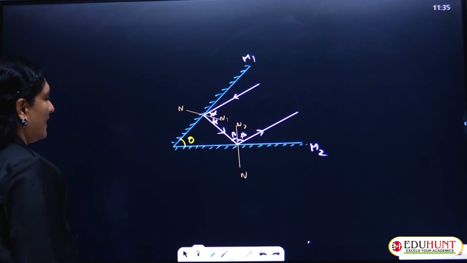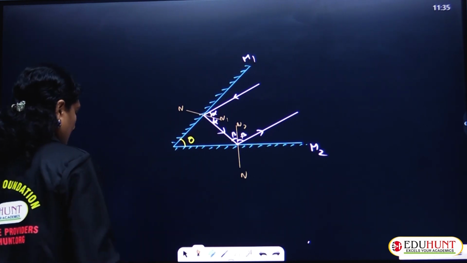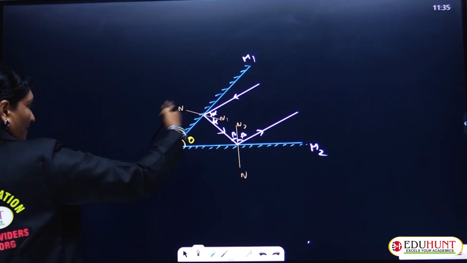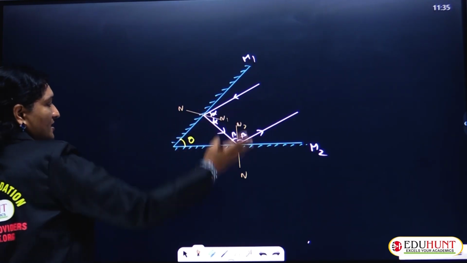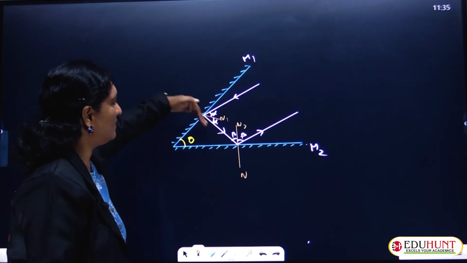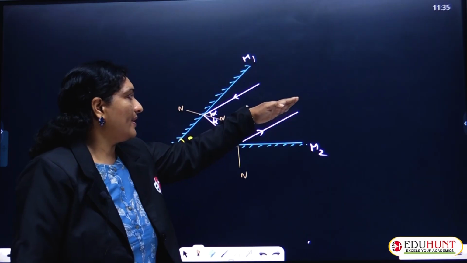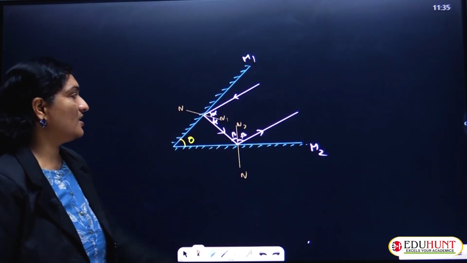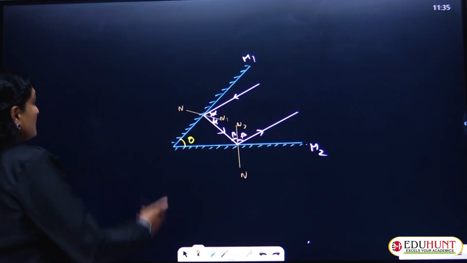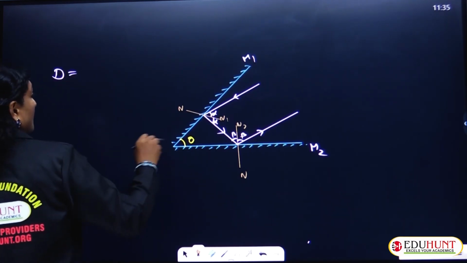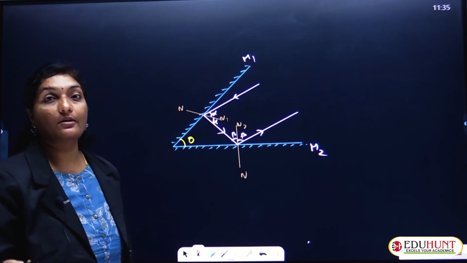So based on that, if you would like to find out the deviation produced by the reflection, some amount of deviation is produced. This was the incident ray going here instead of straight going. It is again reflected back. So how much deviation is observed depends upon the number of reflections.